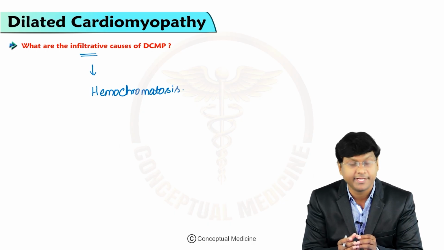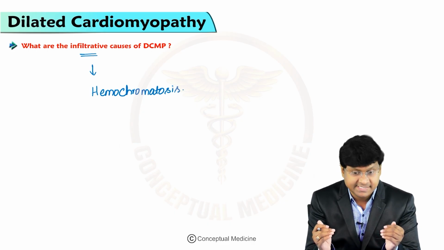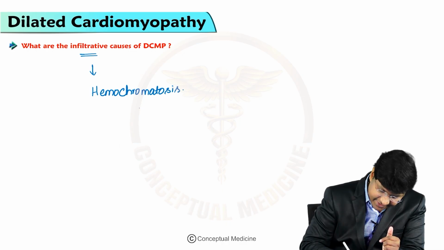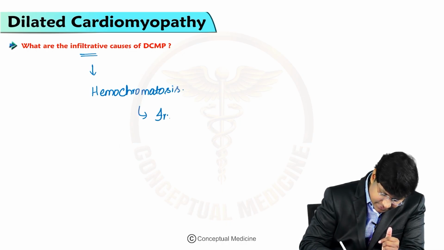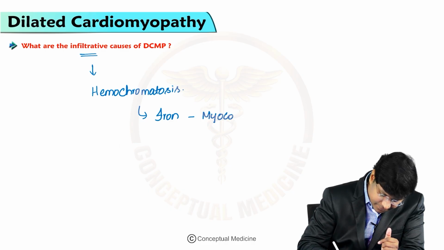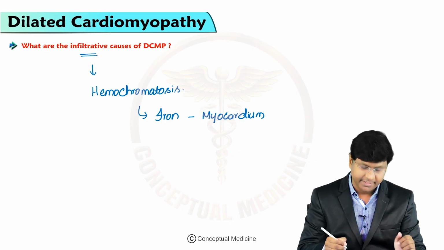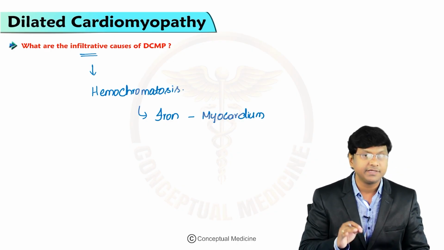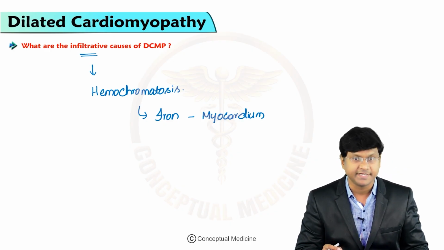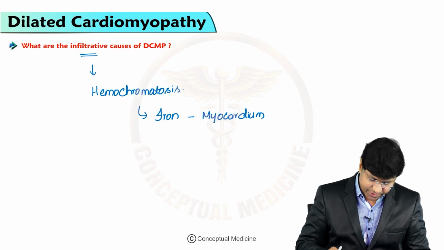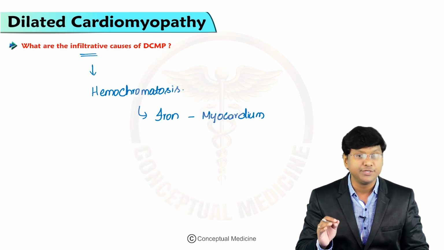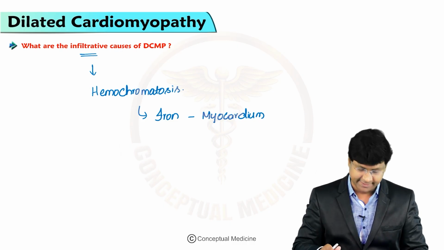It is the disorder where there is excessive infiltration of iron into the myocardium, and that will be responsible for the development of dilated cardiomyopathy. Then followed by that, you also need to know the neuromuscular causes, which we will be discussing now.